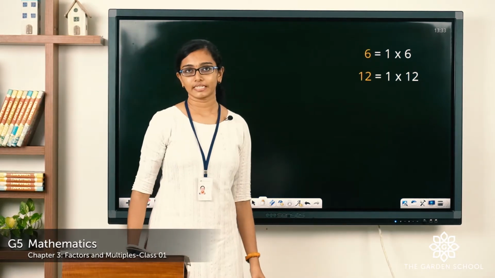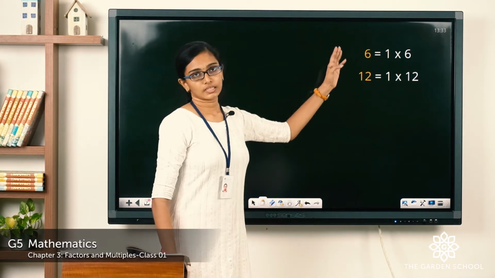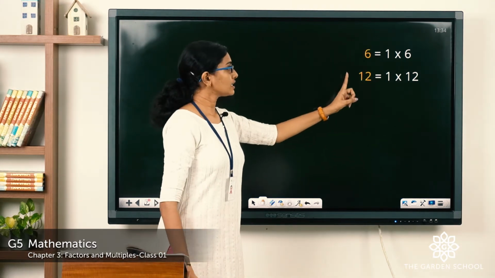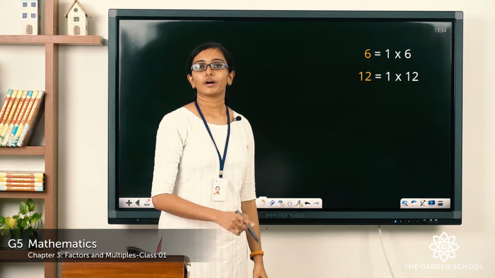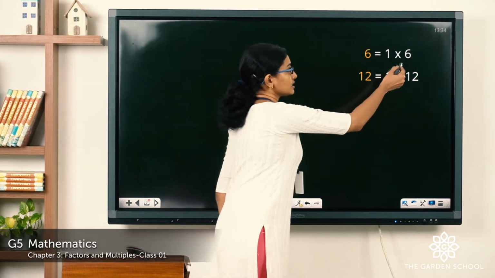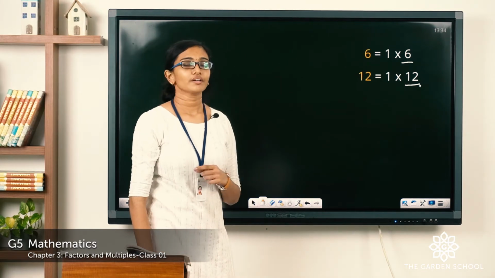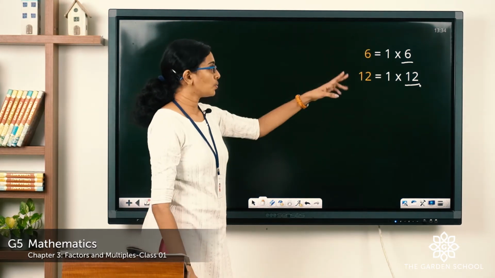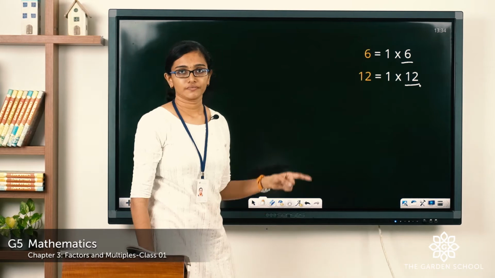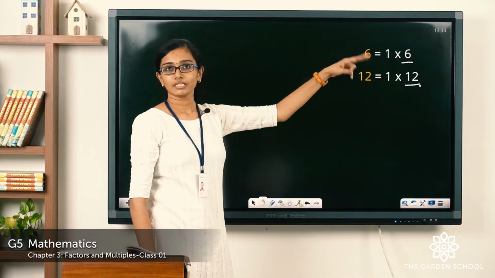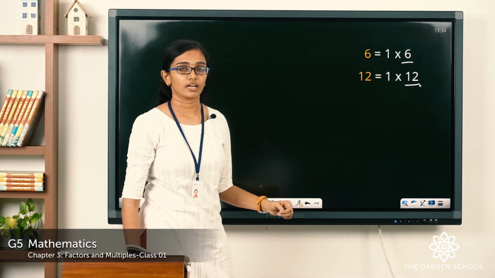Now, coming back to our previous example, 6 can be written as 1 into 6 and 12 can be written as 1 into 12. See this 6 and 12. These factors are composite factors, right? We can break down these composite factors again so that we can express these numbers in terms of its prime factors alone.